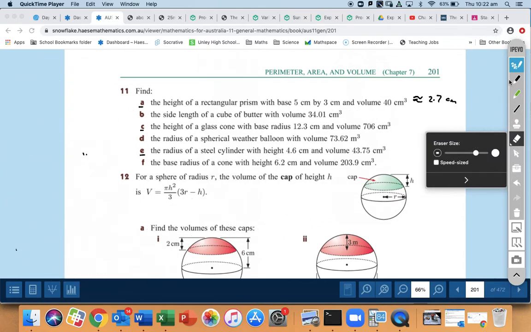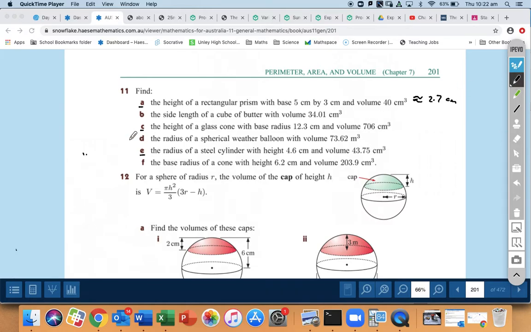Notice that for a lot of these questions, I will draw a diagram. In fact, for all of them, I'll always draw a diagram. I think it makes the question a lot easier. Okay, C. The height of a cone, a glass cone, with a base radius 12.3 and a volume of 706.